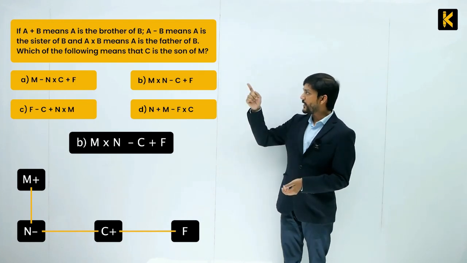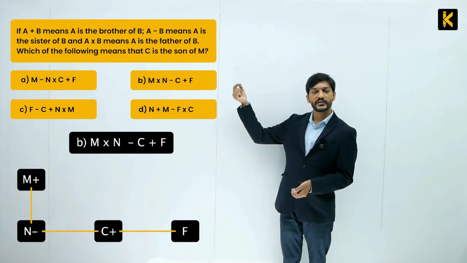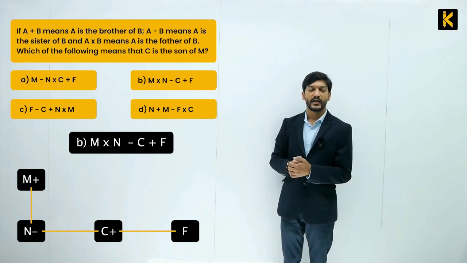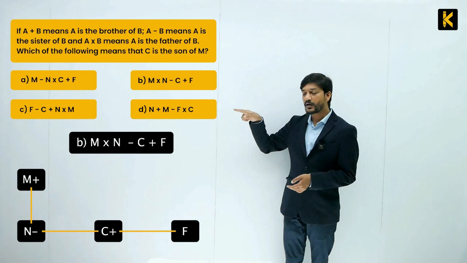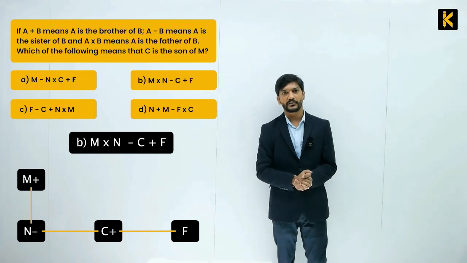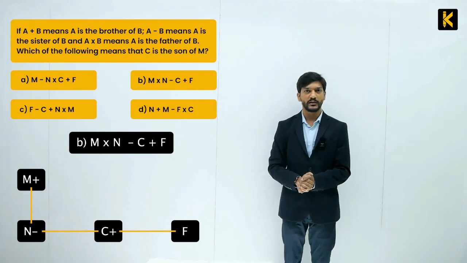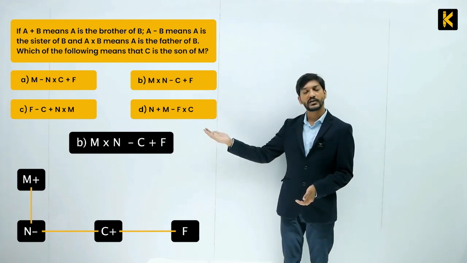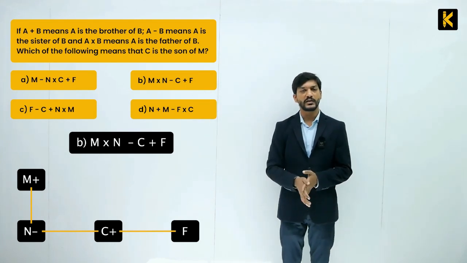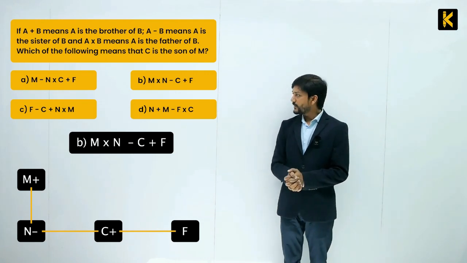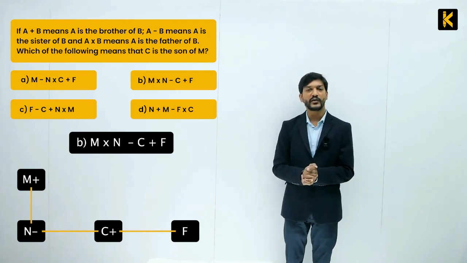Okay. So B option as per some other person is like this, and B option in our representation will look like this. We are comfortable with this diagram. So from this diagram I will answer. So now answer please: in this diagram, what is the relation between C and M?